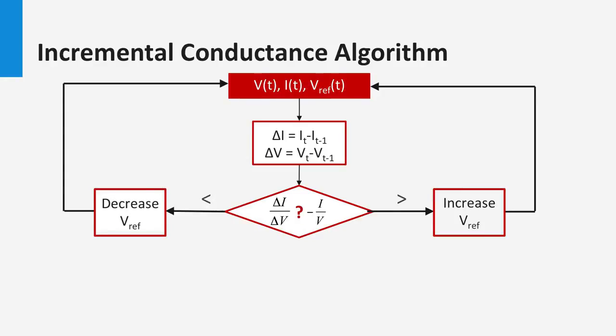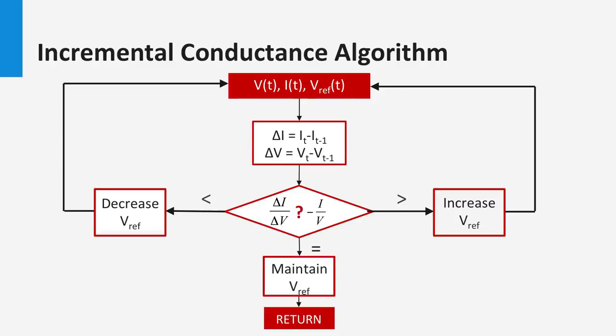Conversely, if the incremental conductance is lower than the negative of the instantaneous conductance, the current operating point is to the right of the maximum power point and the ref voltage is decremented. This process iterates until the incremental conductance is the same as the negative of the instantaneous conductance, in which case the chosen reference voltage is equal to the maximum power point voltage.